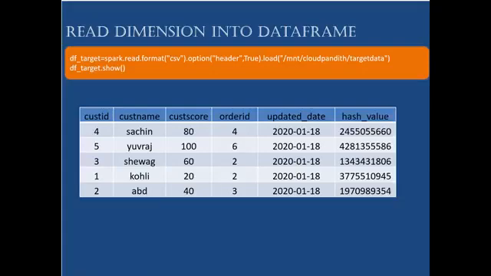If it is incremental data, some data is already there in the target, and I am getting some new data from the source. Now you need to compare. From the input, whatever data is coming, if any record is already available in the target, what do we need to do?